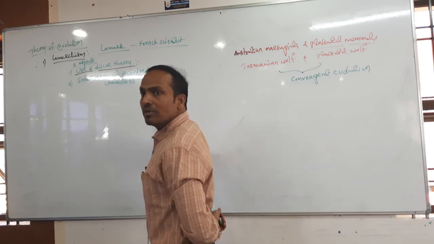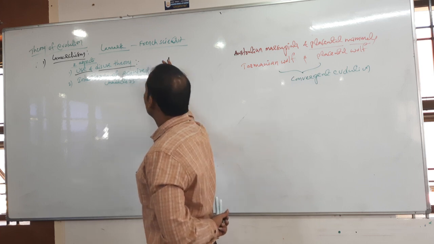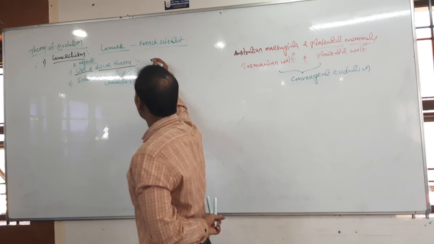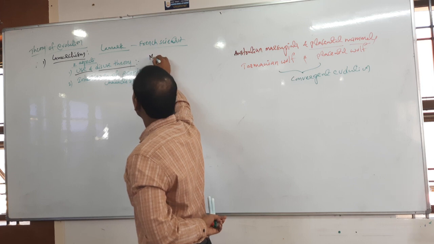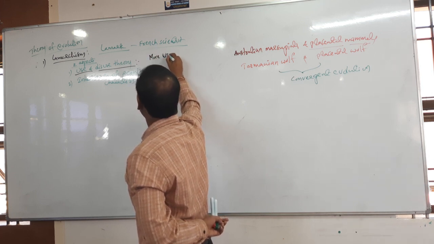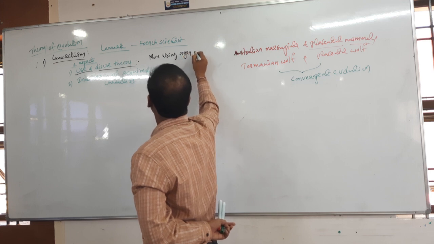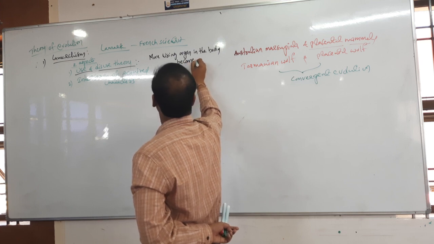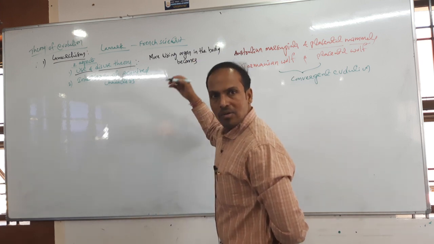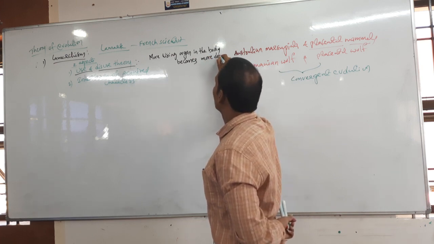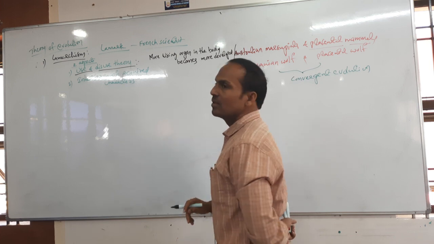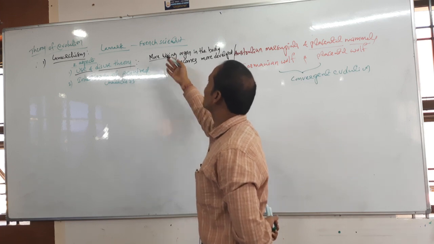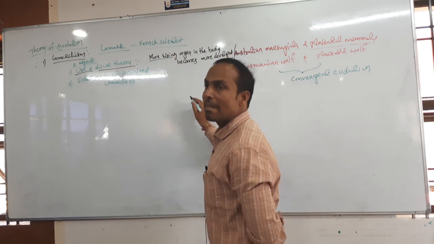So what is meant by the use and disuse theory? In the use and disuse theory, first of all, more using of an organ in the body becomes more developed. If you constantly use that organ, it becomes more developed.